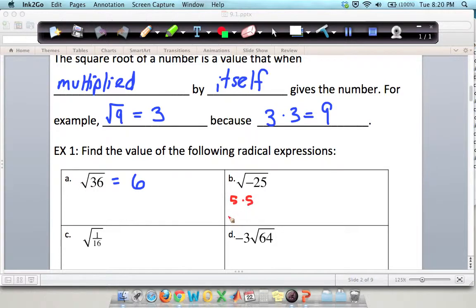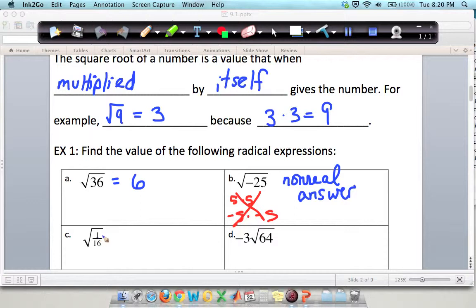And if you try negative 5 times negative 5, that's not going to work. Both of those equal a positive 25. And so the square root of negative 25 is a non-real answer. This is an imaginary solution, and we actually don't cover those in this class. So we're just going to write it's a non-real answer.